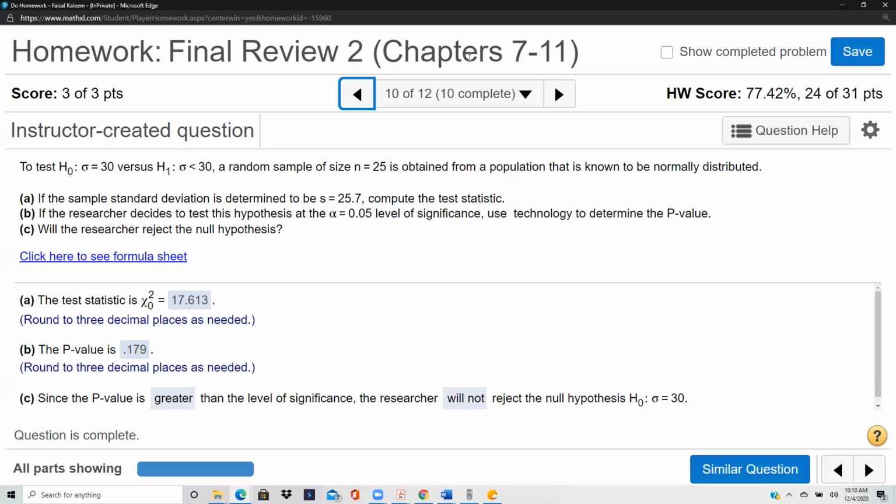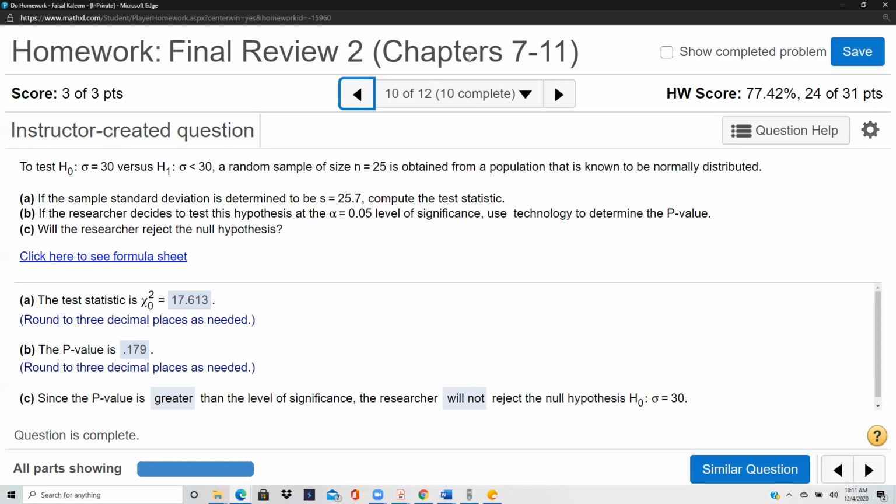Well, I found one mistake. The test statistic is 9.615, and I accidentally put 9.165, so I flipped the 6 and the 1, and I fixed it, and it's still wrong. What is wrong? I don't know, it was just telling me that it was wrong.